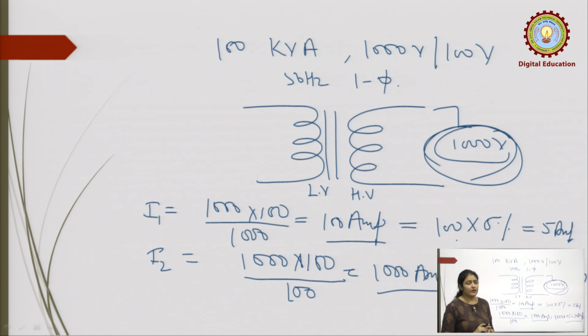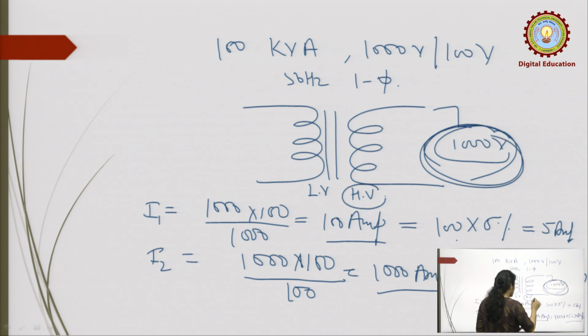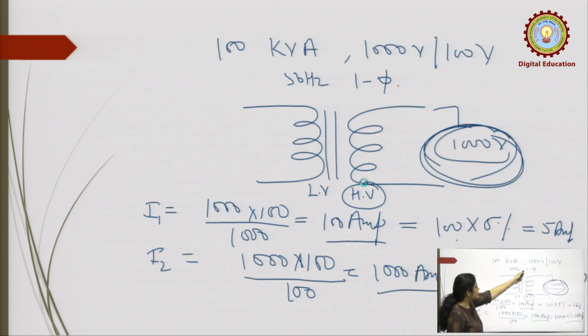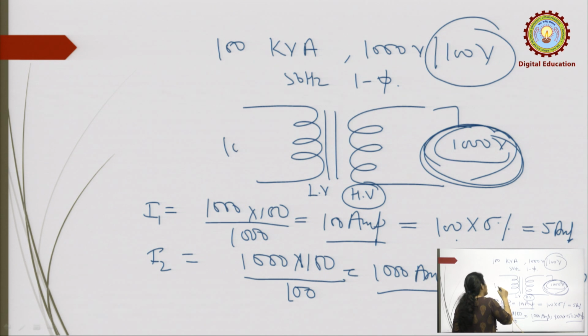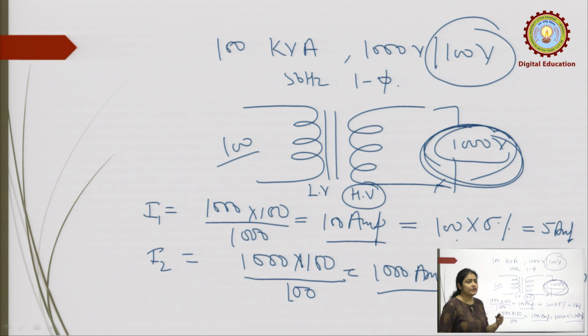This is the reason why you do not use the high voltage side. If the range is low, like 200 or 100 volt, it doesn't matter, you can perform the open circuit test on either side. But if the range is like this, you must apply the voltage on the low voltage side, because 100 volt is already available, while 1000 volt is not available, and you would need some other arrangement.